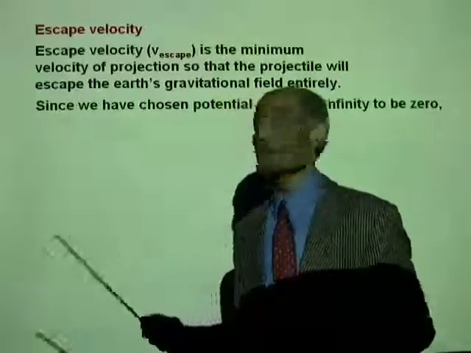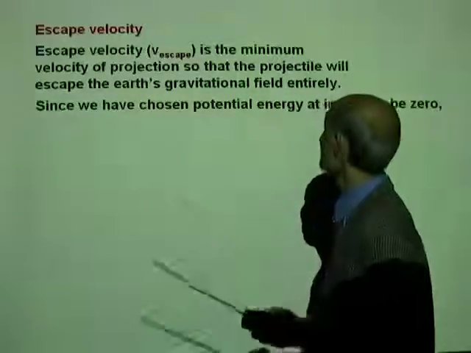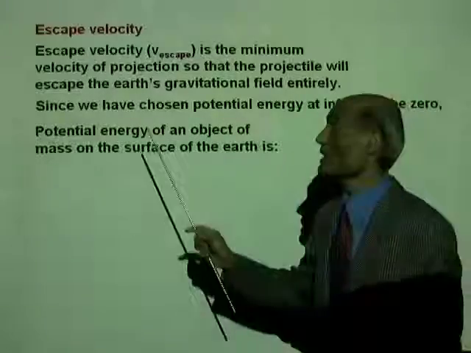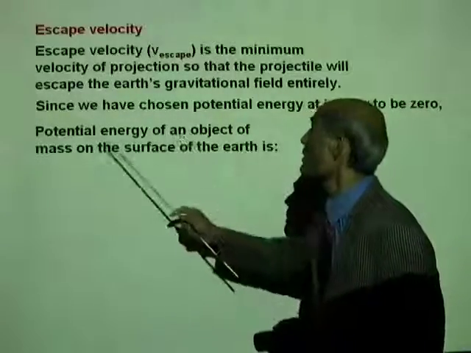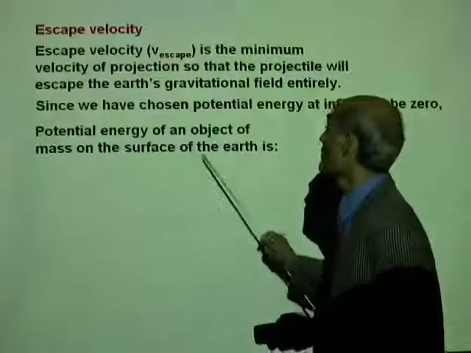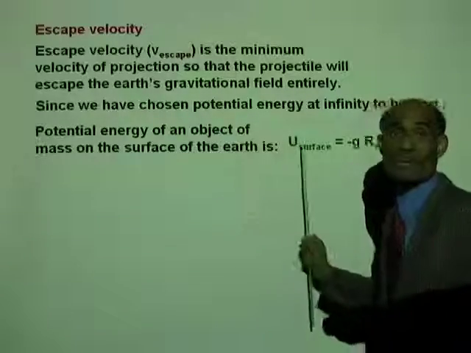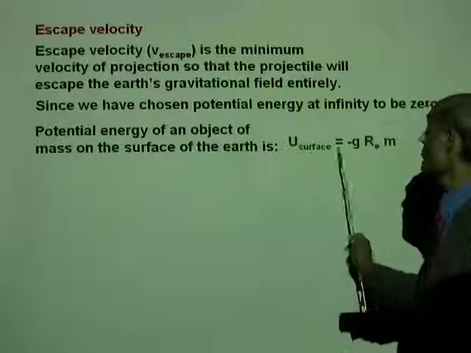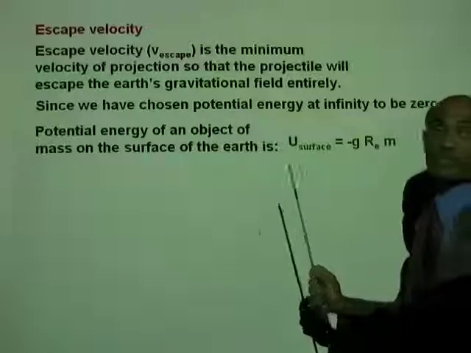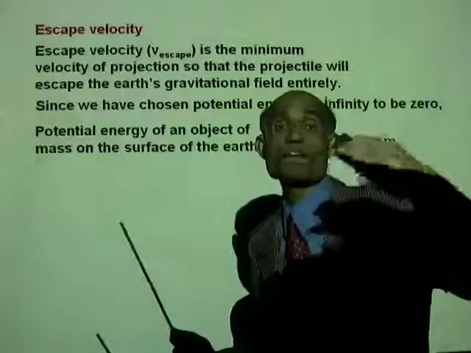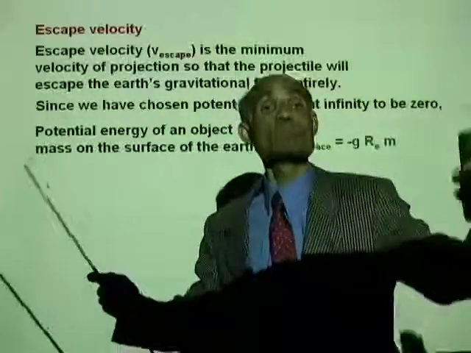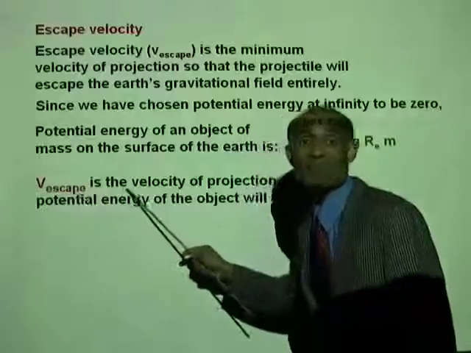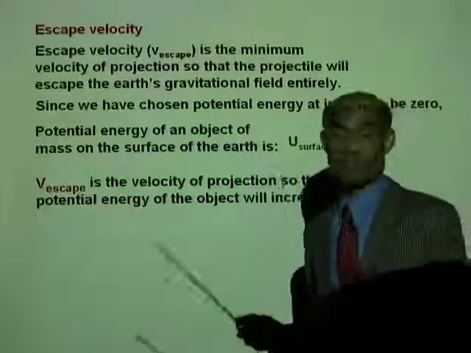That's the meaning there. Since we have chosen potential energy at infinity to be zero, the potential energy of an object of mass m on the surface of the earth we know is this. This is the potential energy of an object on the surface of the earth. The potential energy of the same object at infinity will be zero. Suppose V escape is the velocity of projection.